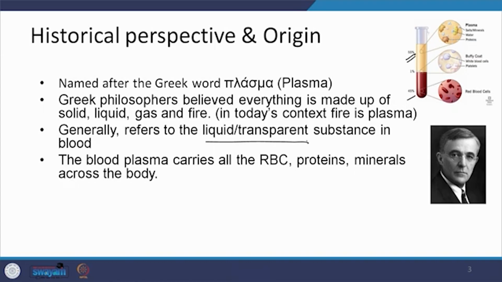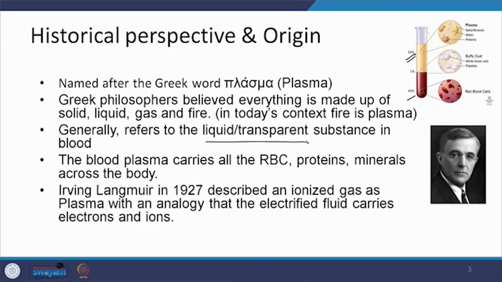Now, the point that I am trying to make here is that the plasma in blood is basically the carrier which transports the RBC, the minerals, the proteins and everything from one point to another. When Langmuir in 1927 described an ionized gas as plasma, he drew an analogy: the electrified fluid carries electrons and ions from one place to another.